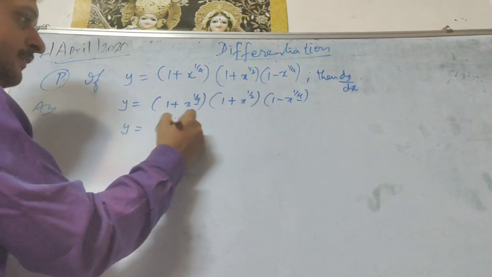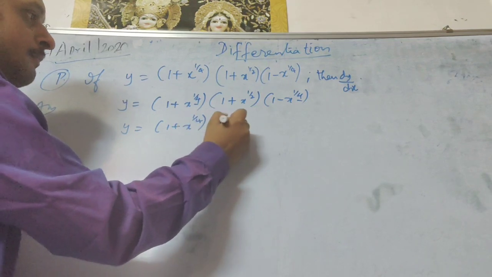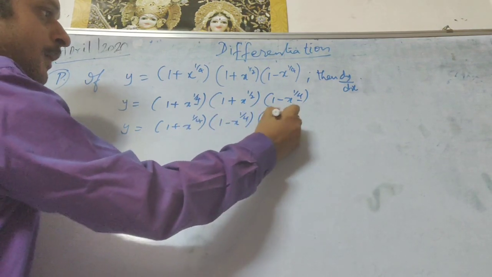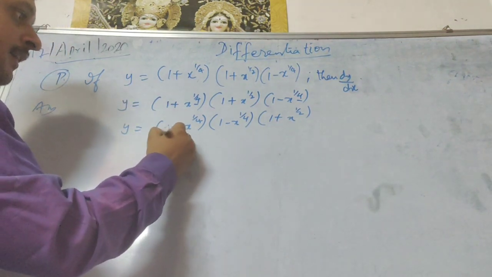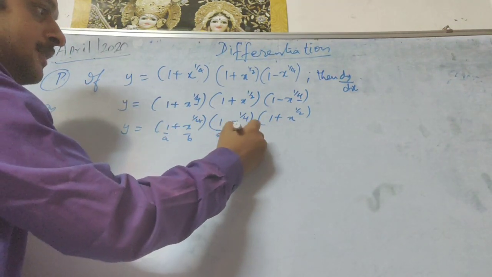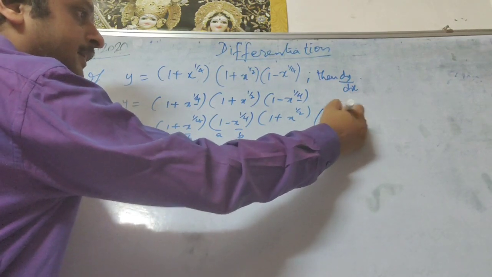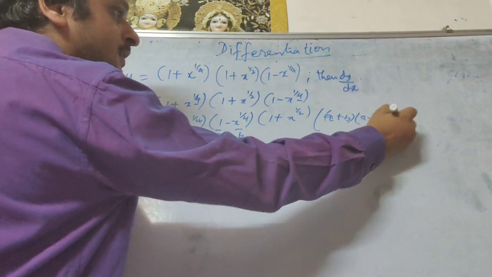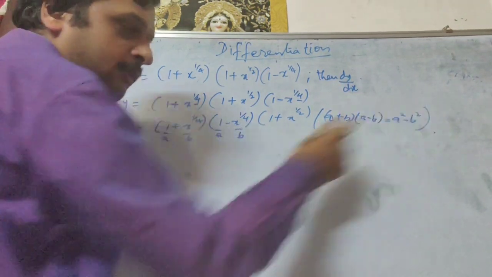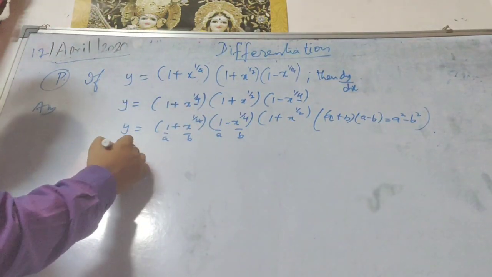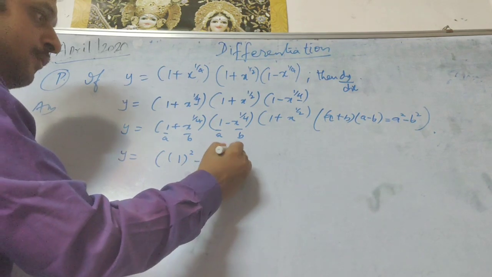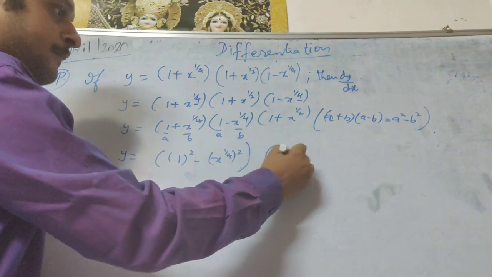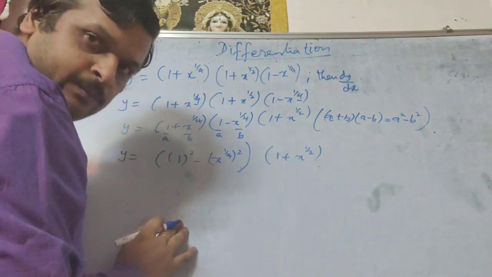So y equals 1 plus x power 1 by 4 into 1 minus x power 1 by 4 into 1 plus x power half. Now this is a and this is b. So we have a plus b into a minus b equals a square minus b square. So that will be y equals 1 square minus x power 1 by 4 square into 1 plus x power 1 by 2.